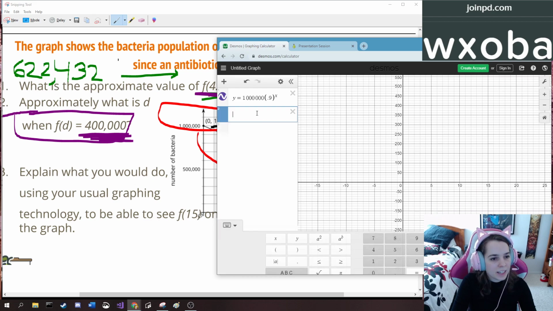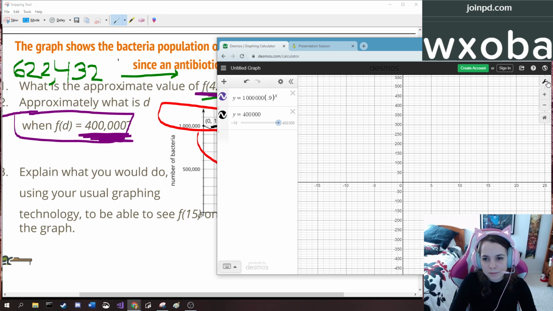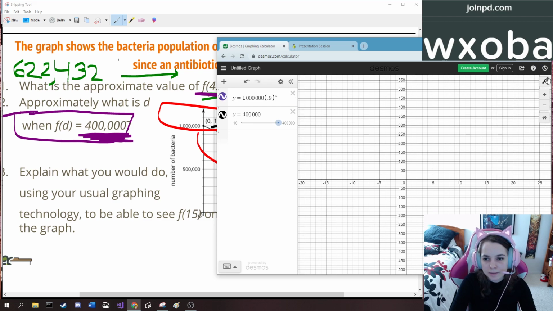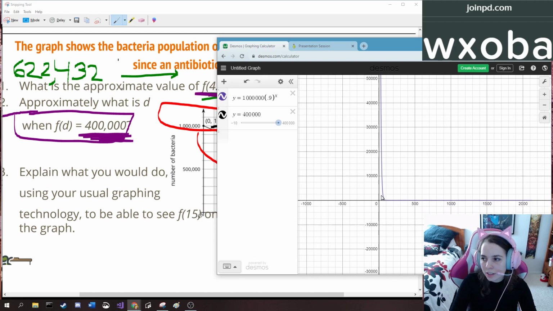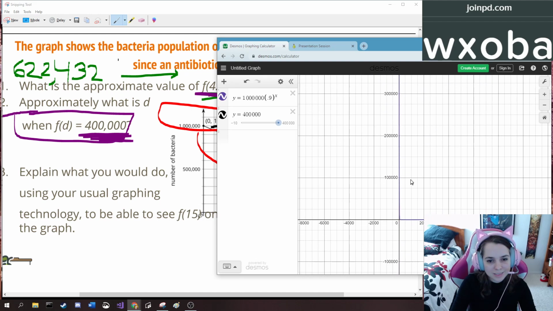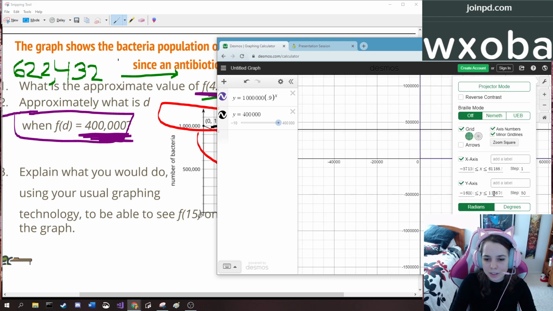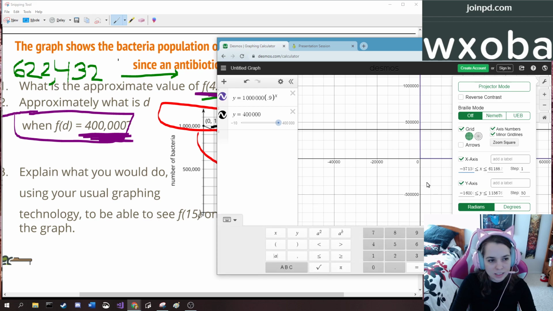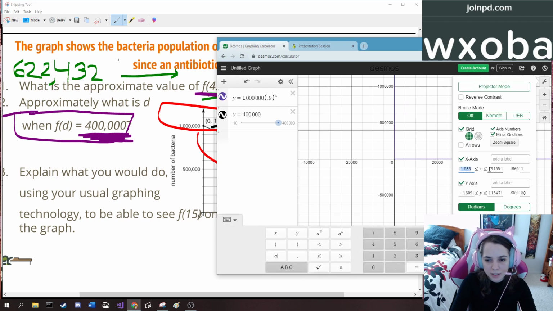Okay, and then I want to approximate when y equals 400,000. So if I zoom out enough, you can see that this is very difficult to look at, so I'll make my x-axis a lot smaller, maybe from 0 to 10.